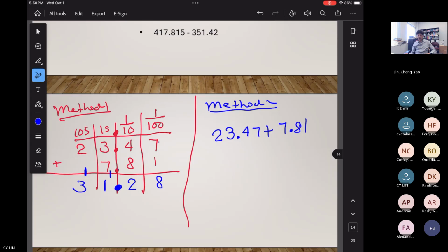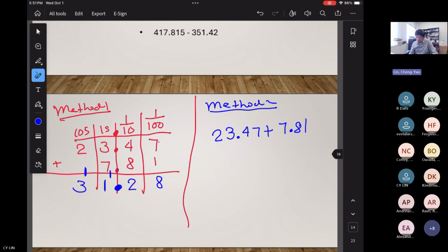Remember last time we talked about the compose and decompose method? We can also use this method here. That's a way of helping smarter children who can do it mentally.